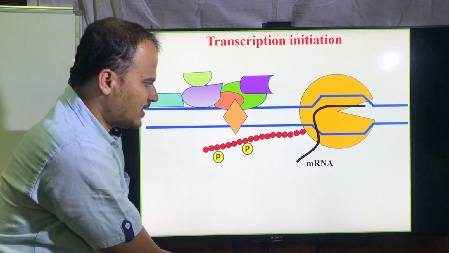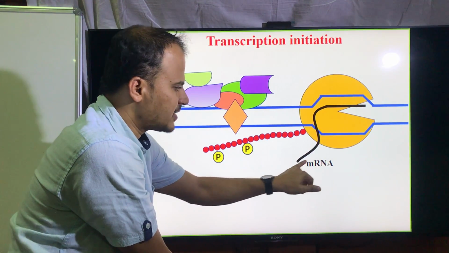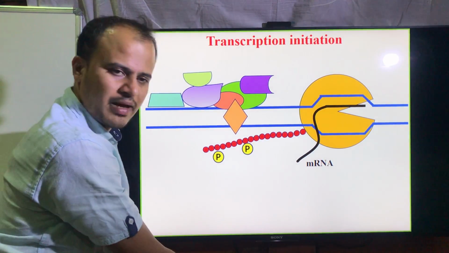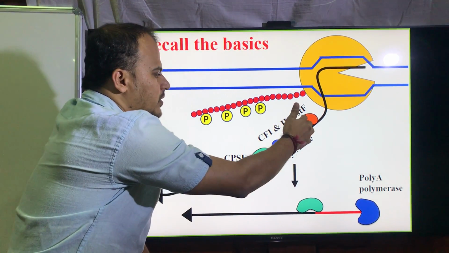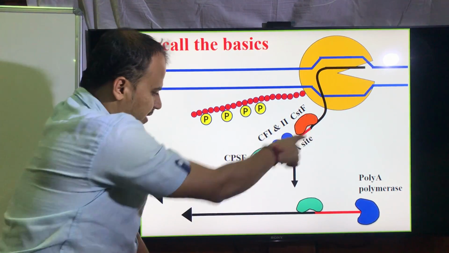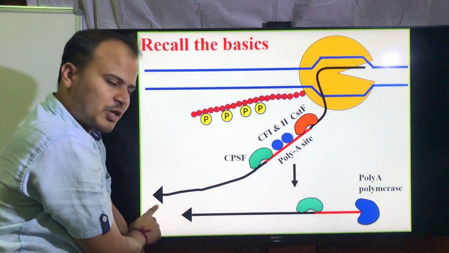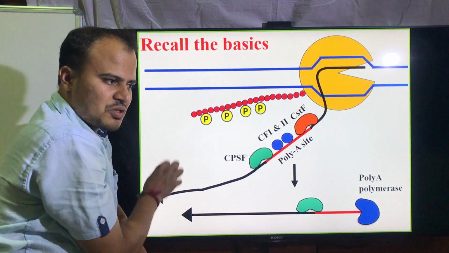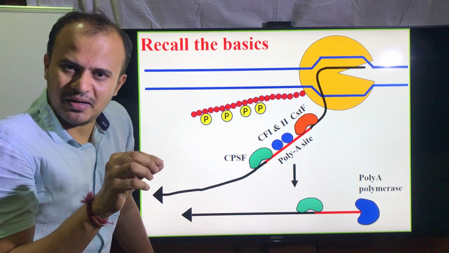Next, as I said, RNA polymerase is moving. It extends the length of the mRNA. As the mRNA extends, you can see a triangular shape. I am calling it the cap. The cap is 7-methyl guanosine biochemically.